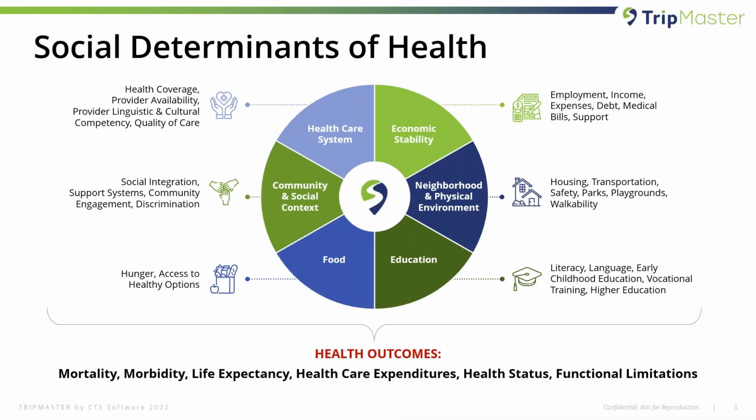So we did talk about the social determinants of health. A lot of different charts break it out into different groups, but these 6 tend to be the most common sectors that they break things down into. So you've got healthcare and the opportunity to get to quality care. You've got your community and social context, just opportunities within the community to engage with folks.